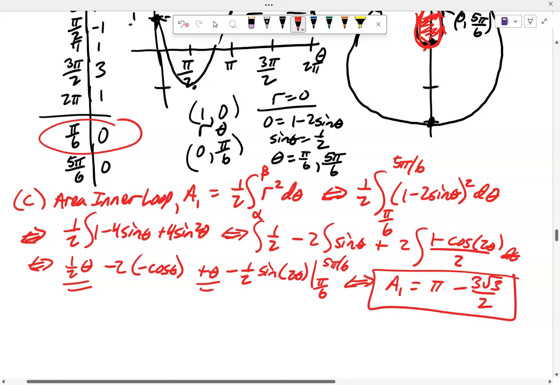All right, now let's do the area of the outer loop. For that one, I want to go around more than 5pi/6.